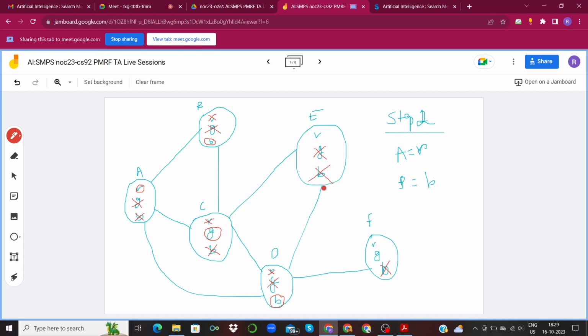So E is now left with only one option, red. And F is not connected to E, so F can take any color between R and G. This is the potential solution to the map coloring problem based on the initial partial assignment that was given to us in the question.